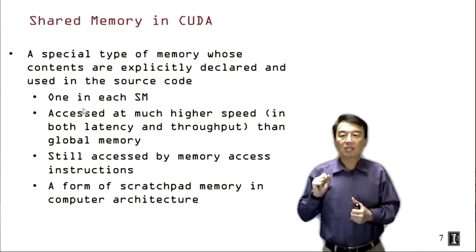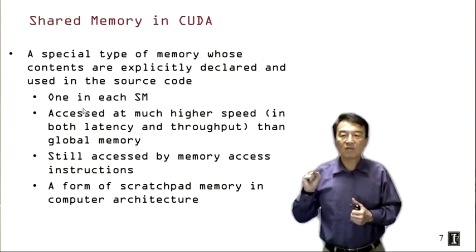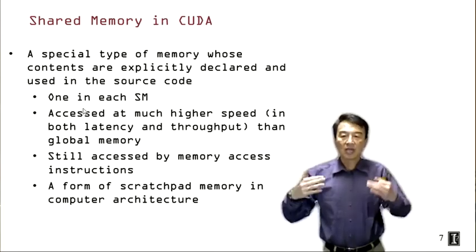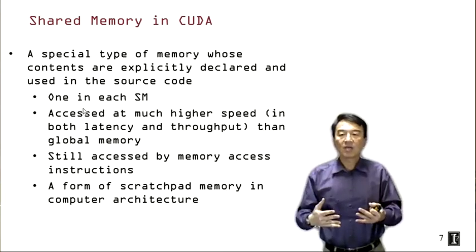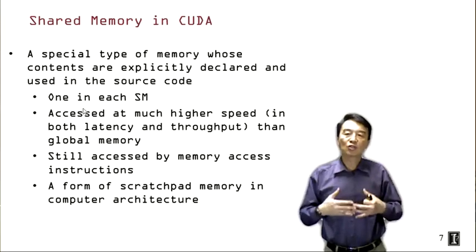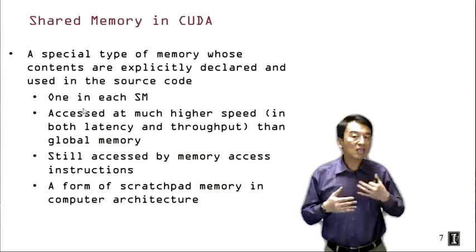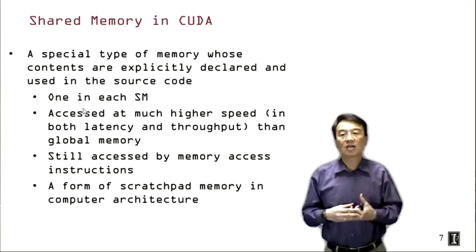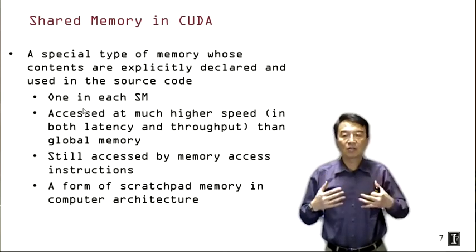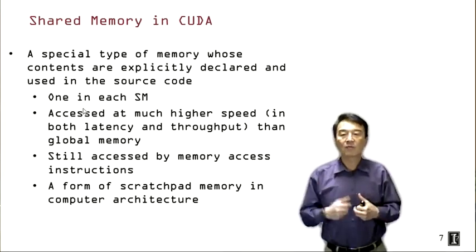In fact, the shared memory can provide one to two orders of magnitude higher number of values to the executing threads than the global memory. So whenever we can access data from the shared memory in each SM, we will be able to access memory at more than 10 times, and sometimes close to 100 times, the throughput and rate that we would be able to achieve with global memory.